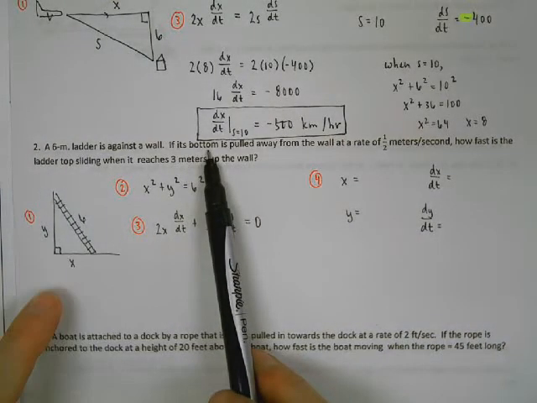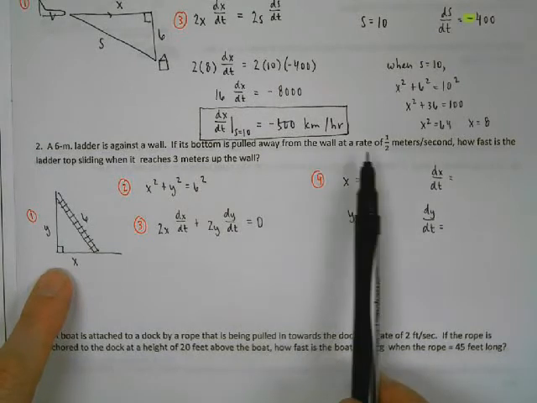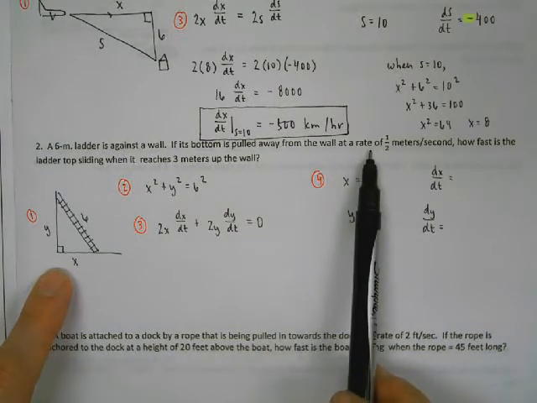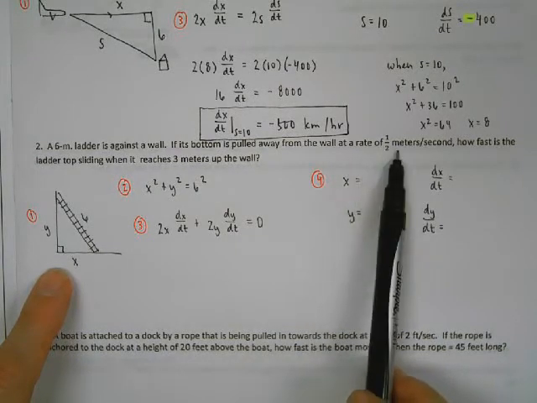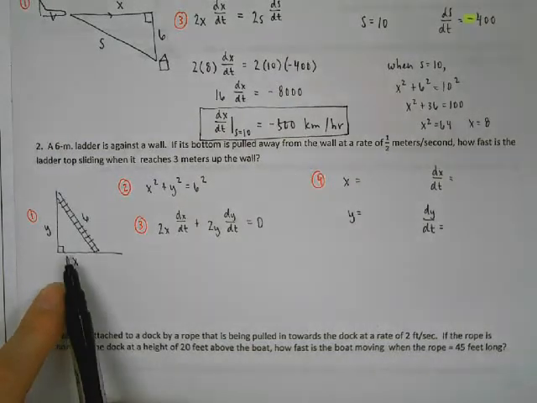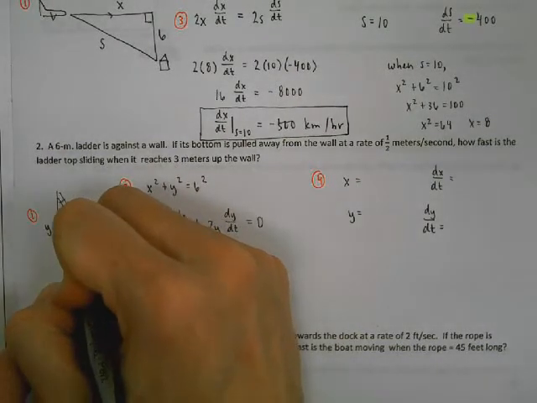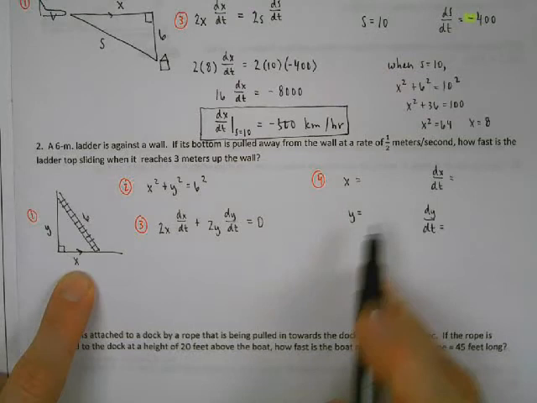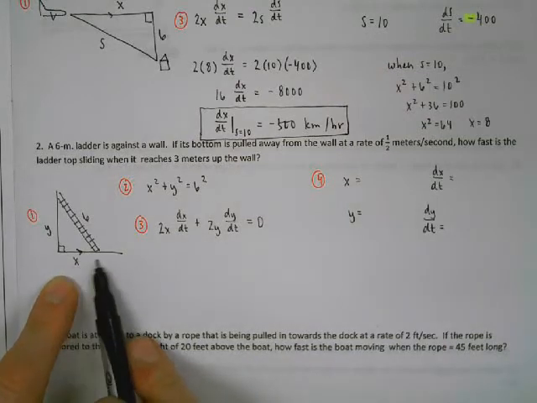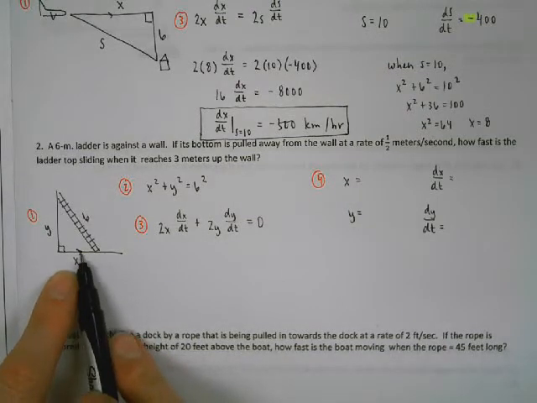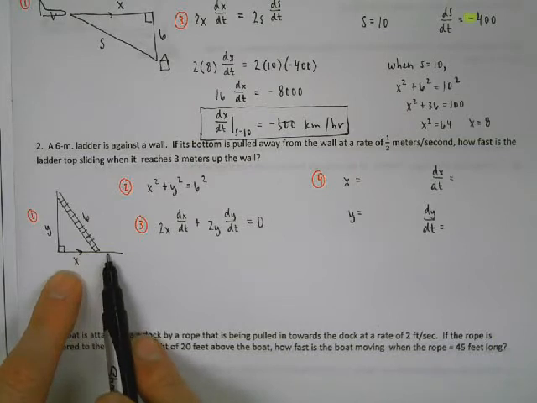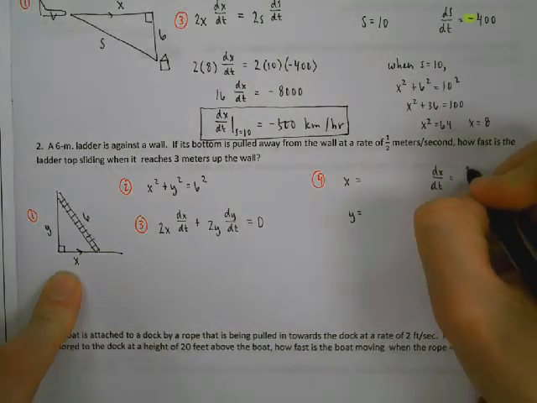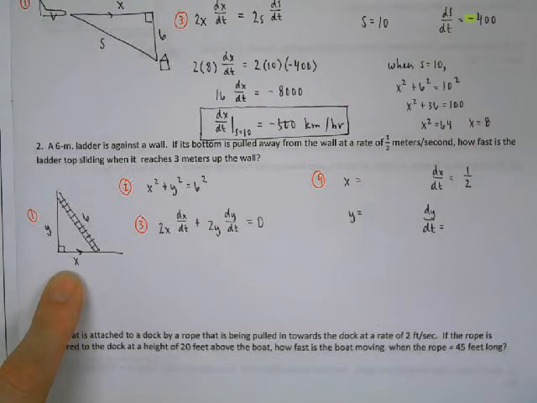It says the bottom is pulled away from the wall at a rate of 1/2 meters per second. So if I'm talking about being pulled away from the wall, that's this x here. That's going to give me dx/dt, the rate that this is changing. And since that distance is increasing, that's going to be a positive rate.